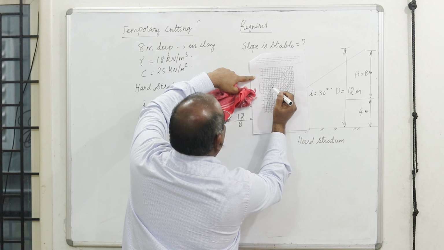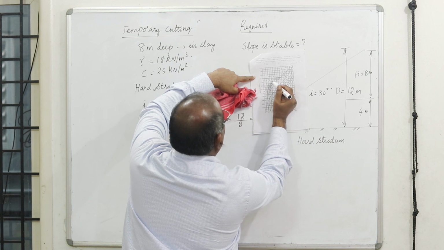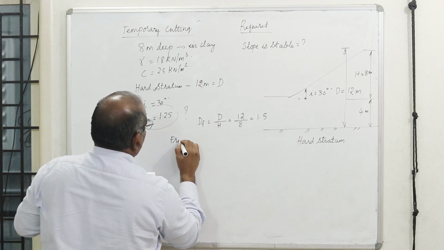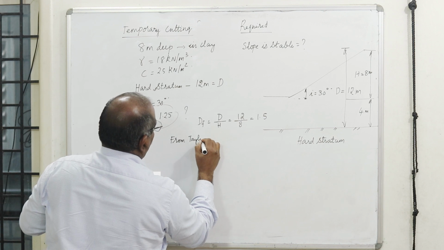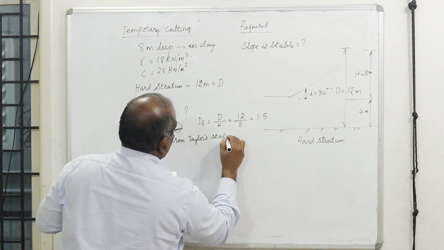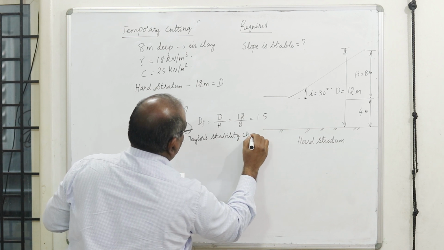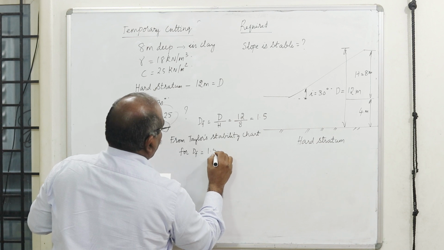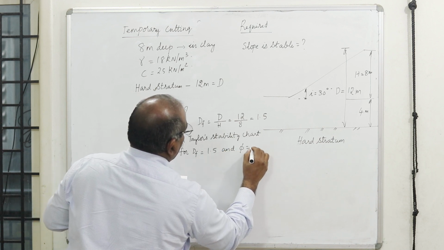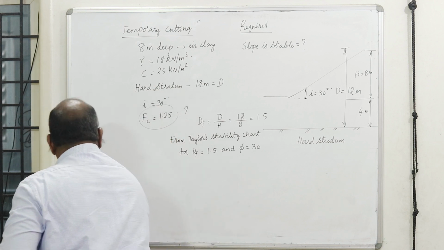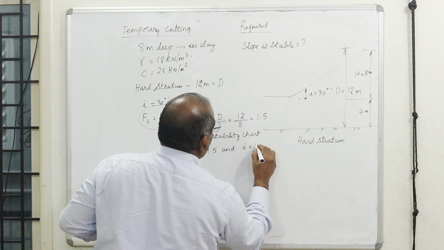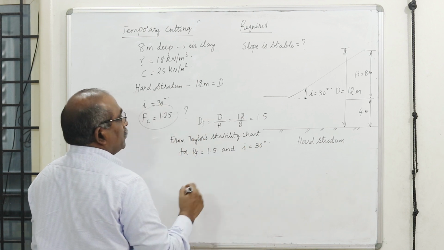Now corresponding to the third one, for i equal to 30, if I read out from Taylor's stability chart for DF equal to 1.5 and slope angle equal to 30 degrees, not phi equal to 30 degrees, because this is a purely cohesive soil.